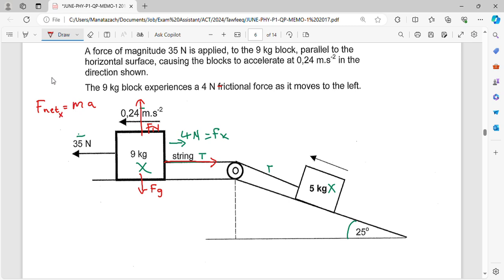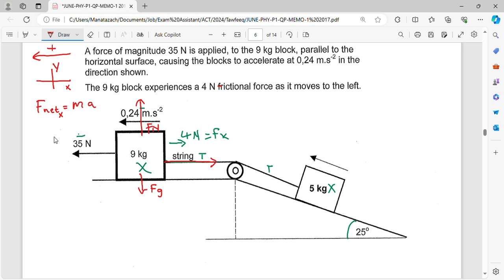This is the F net in the x direction. If you were to draw your axis, you've got your x direction on the horizontal, then the y direction, which is vertical. I'm considering the horizontal plane. I would choose this direction towards the left as positive, which means the direction to the right will be negative.